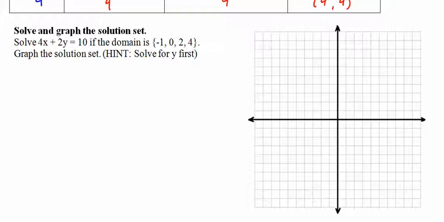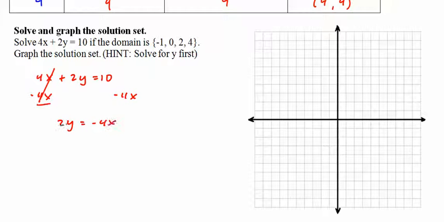Now we're building you all the way up. 4x plus 2y equals 10. Well, we already know how to solve an equation for a variable. Better had anyway. So we're building you up to graphing.